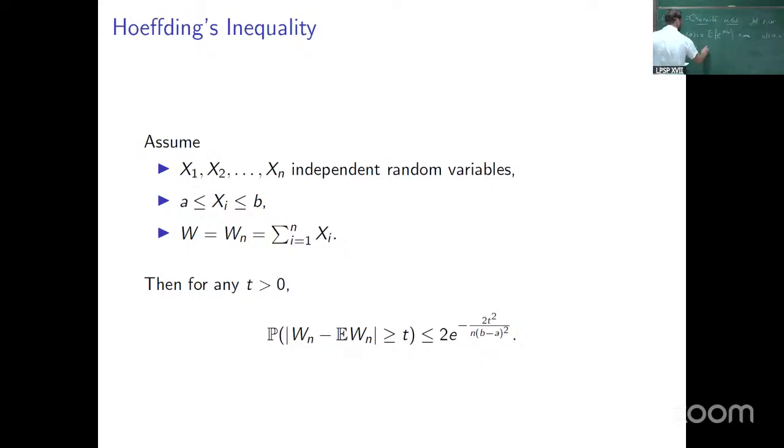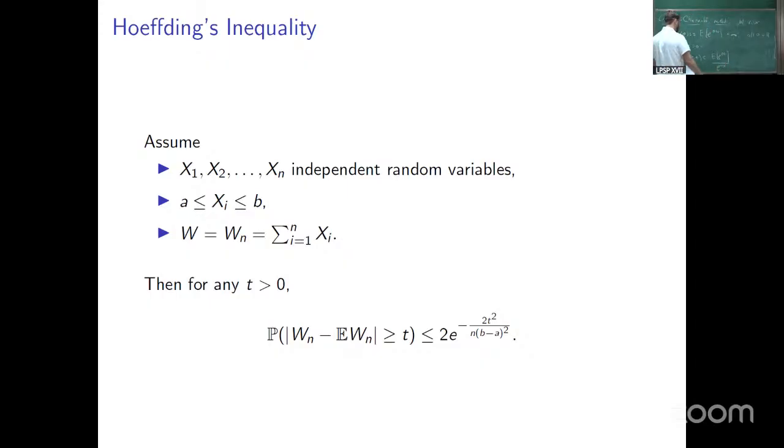Okay, then for t bigger than 0, we have the following tail bounds. The probability that W is bigger than or equal to t is less than or equal to the expected value of e to the theta W divided by e to the theta t.